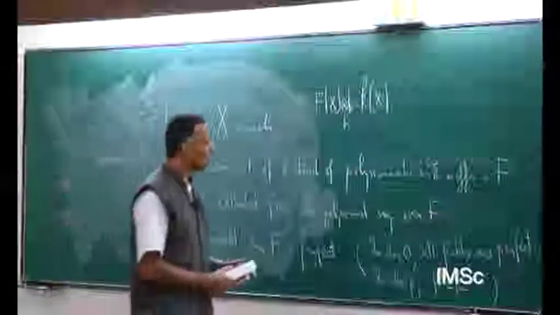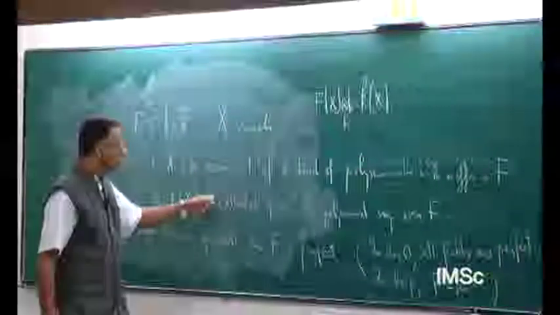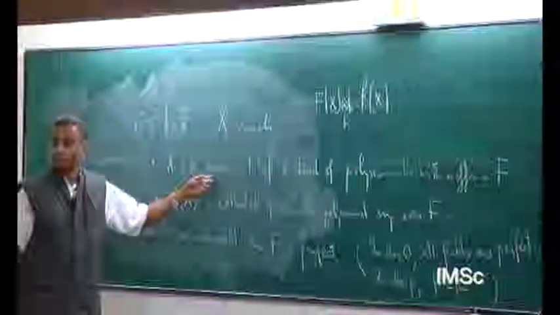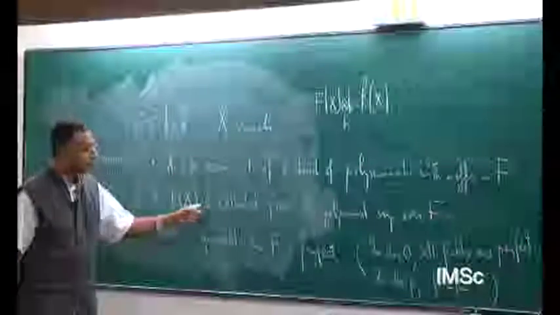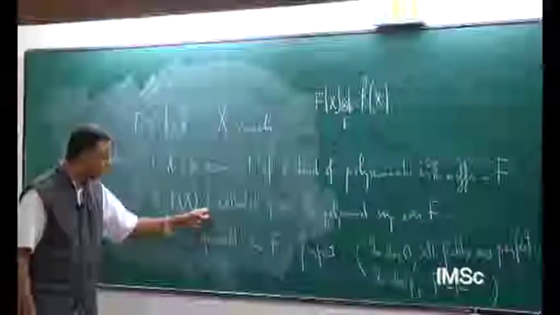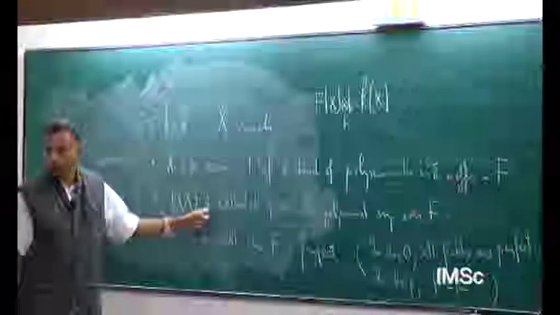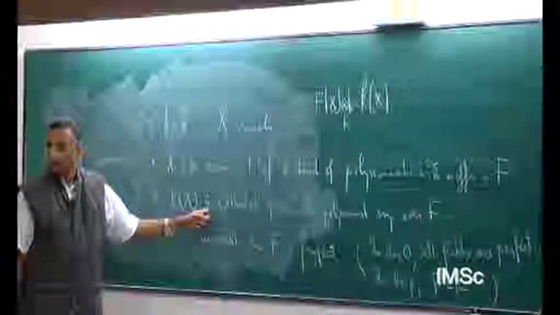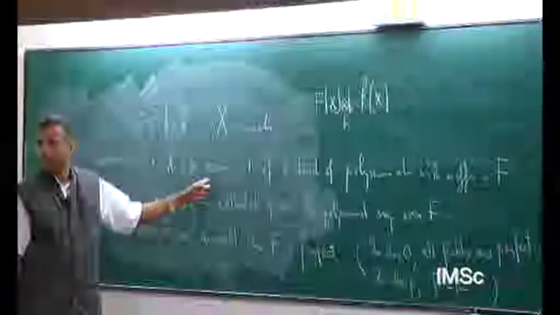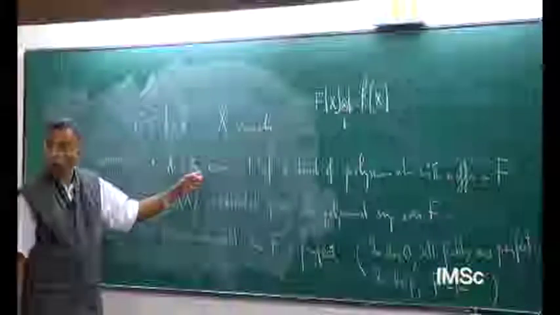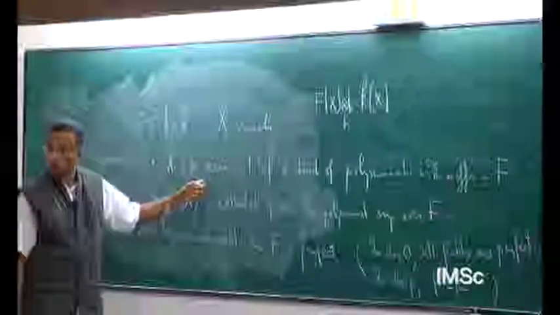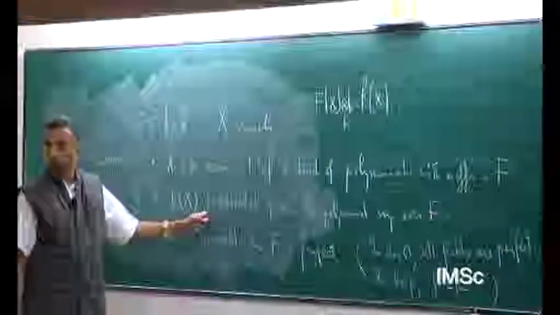So what you have to show, of course, if 2 is true, then 1 is true, right? Because if I(X) is extended from this, the second is an a priori stronger condition, right? So certainly 2 implies 1. The problem is to show that if I assume just 1, then I do get 2.